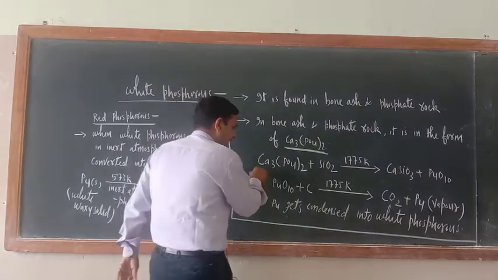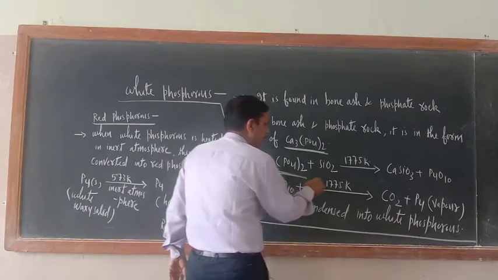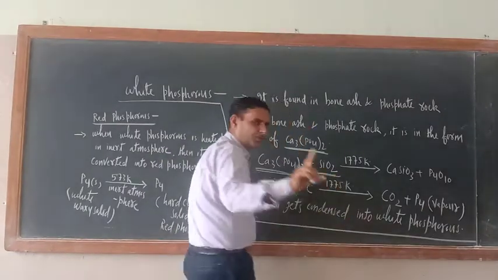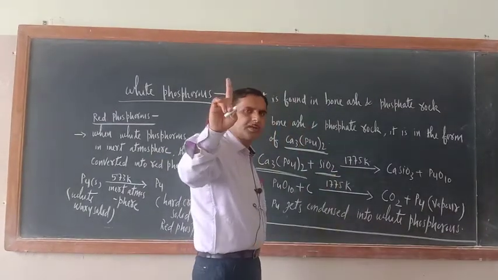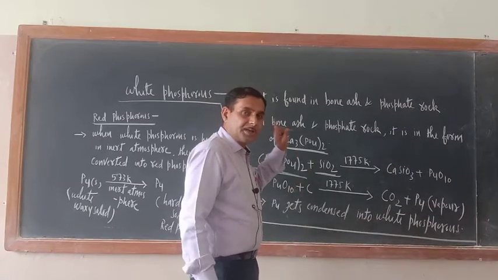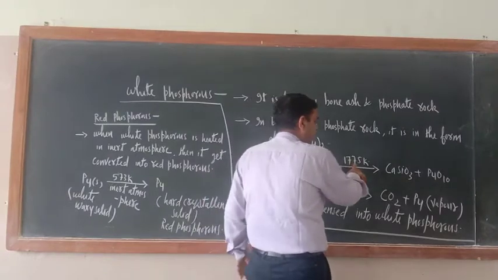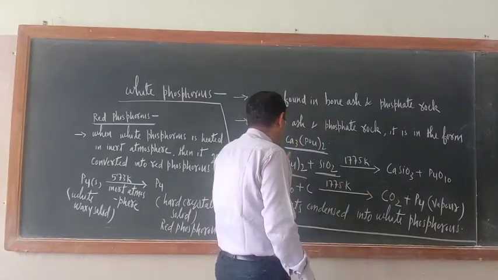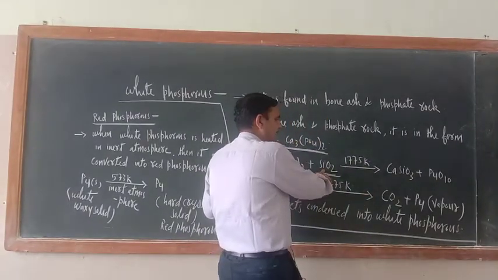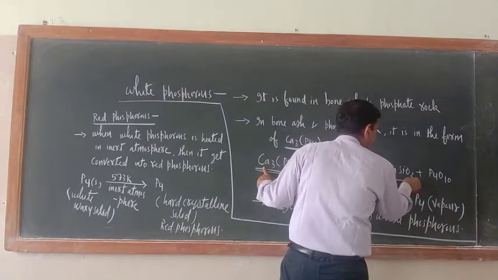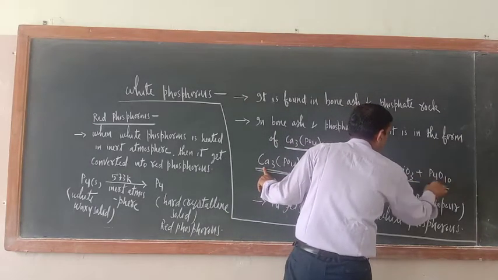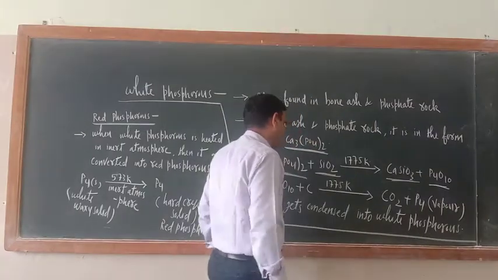Now see the method of preparation of white phosphorus. This calcium phosphate is treated with silica, a compound whose melting point is very high, near about 3900 Kelvin. At 1775 Kelvin, calcium phosphate reacts with silica to form calcium silicate and P4O10, the oxide of phosphorus.